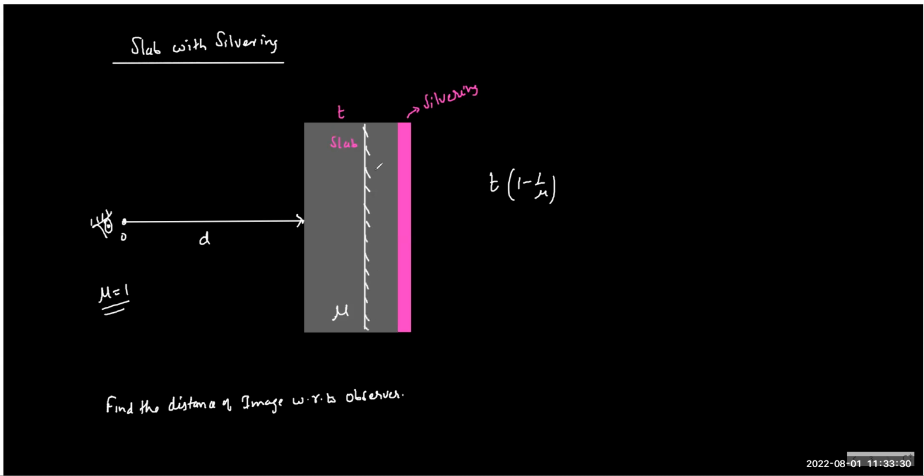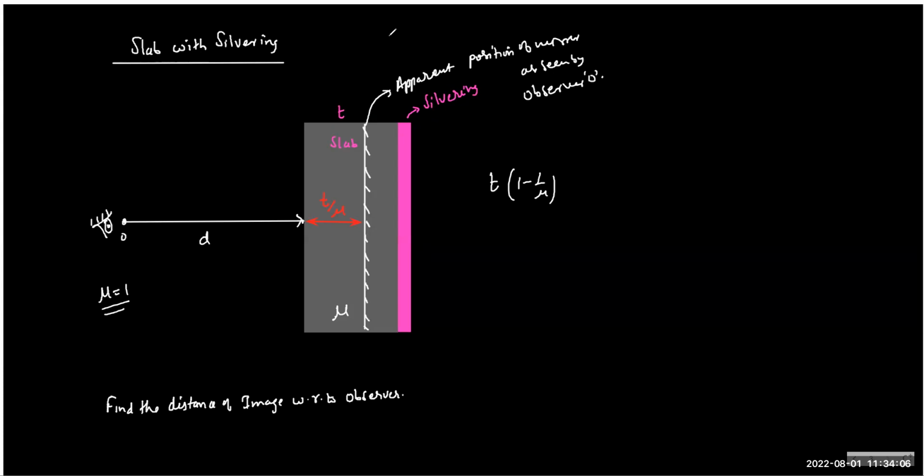See, the apparent position of the mirror as seen by observer O, correct? And what is the apparent distance? We know this. It is t by mu. So for the observer, the mirror is here.